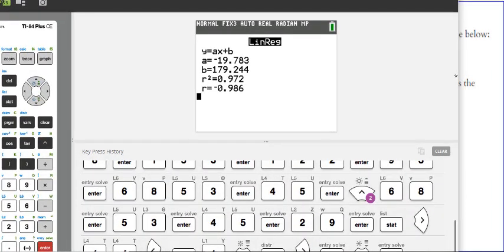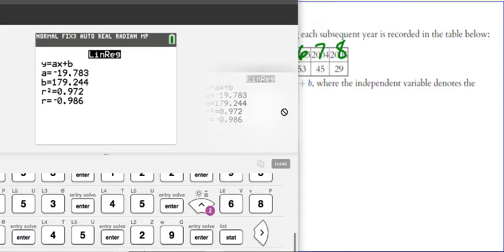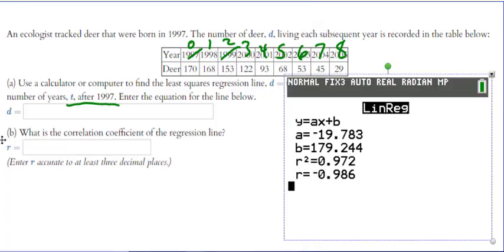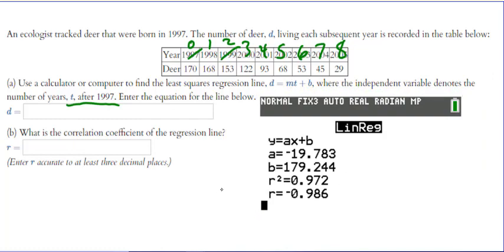All right, so here's everything I need. That's negative 19.783 t plus 179.244.